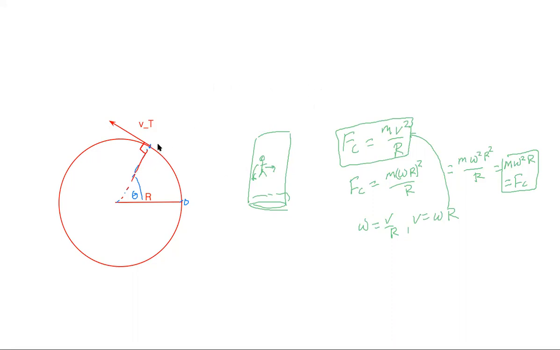Additionally, you might notice that the angular acceleration, well, I'm not going to draw that yet, but I certainly know that the linear acceleration here, I might label this to be AT, or A perpendicular.